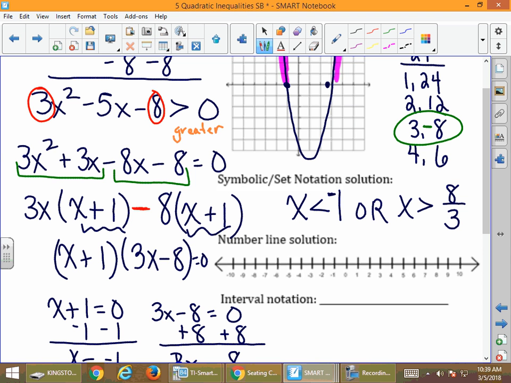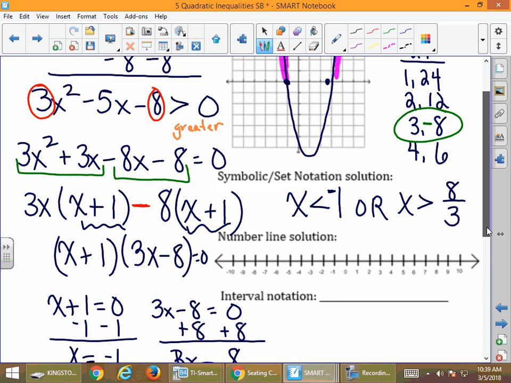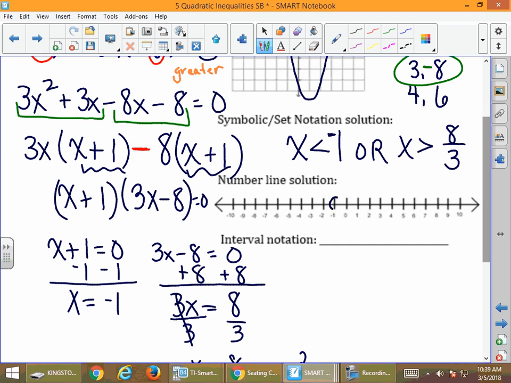We can fill in our number line. There's no equals in this problem, so we're going to have open circles. So negative 1, x is less than. Those are values that are going towards the left. And then x is greater than 8/3. So we're going to go between 2 and 3, 2.67 approximately, and then we're going to go towards the right.